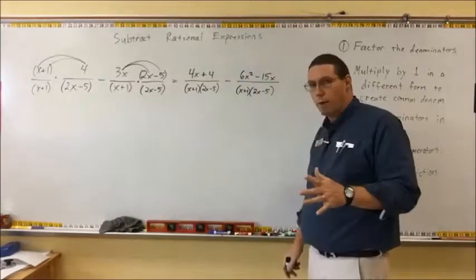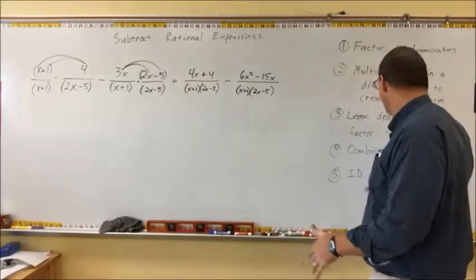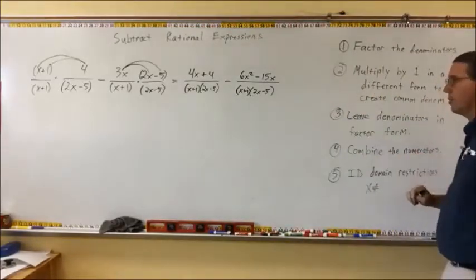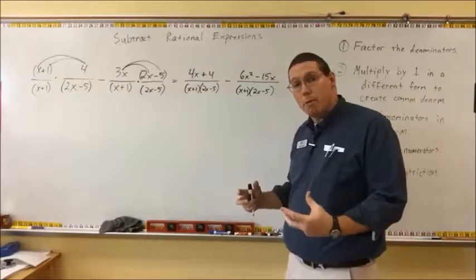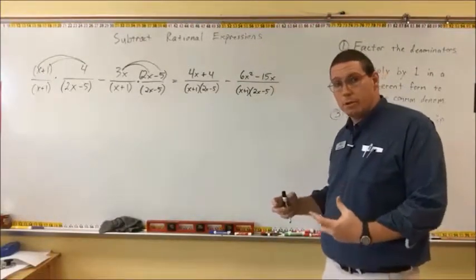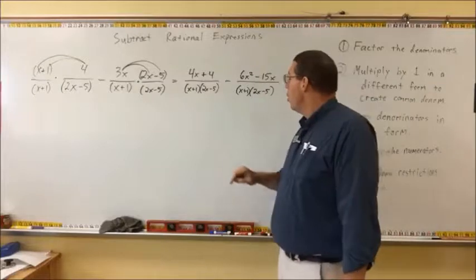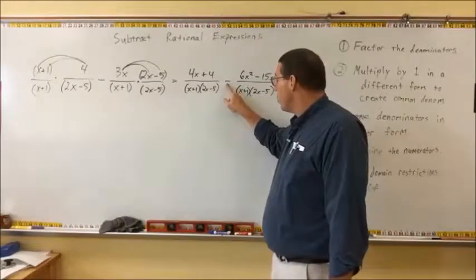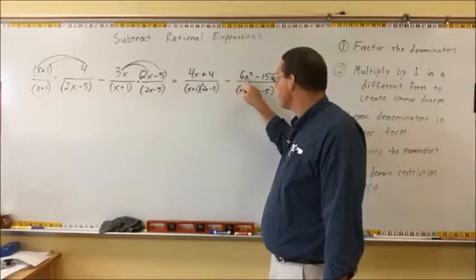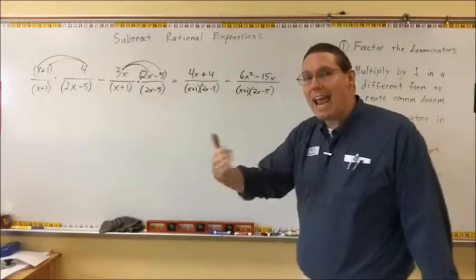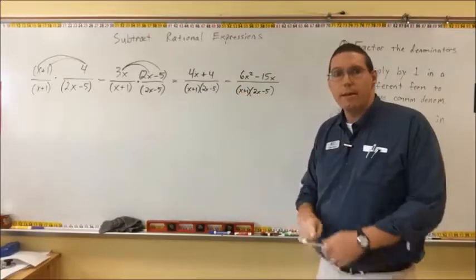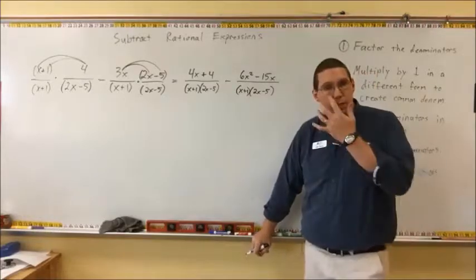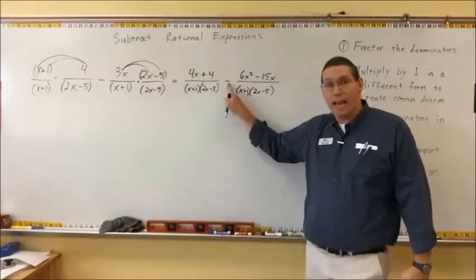Now, before we jump right in, because the next step is to combine the numerators, I need to warn you about this, and a lot of people get messed up doing this sort of thing. This negative here means we have to subtract 6x squared, and we have to subtract negative 15x. There are several ways of accomplishing the distribution of a negative.